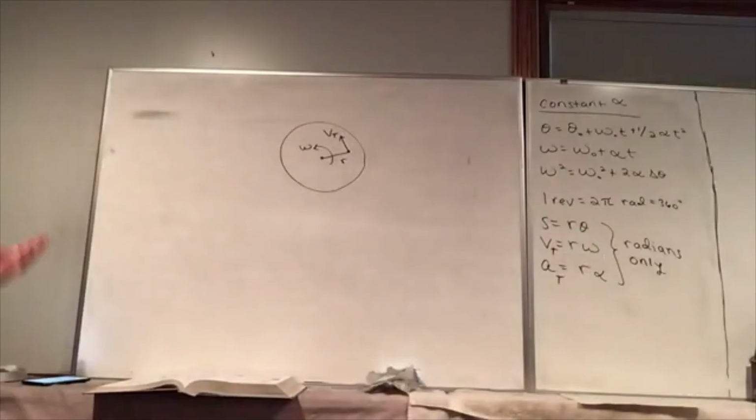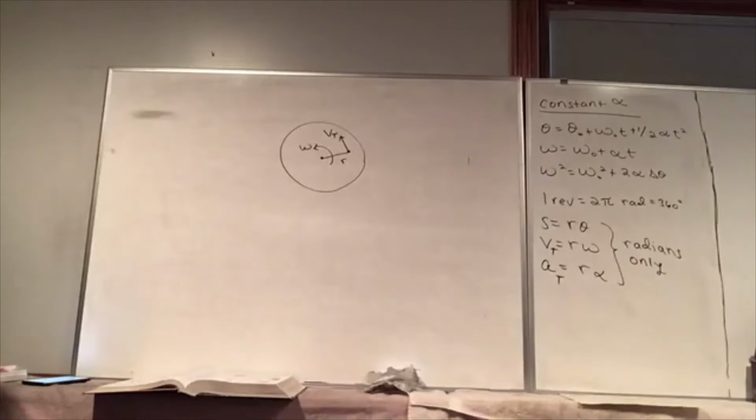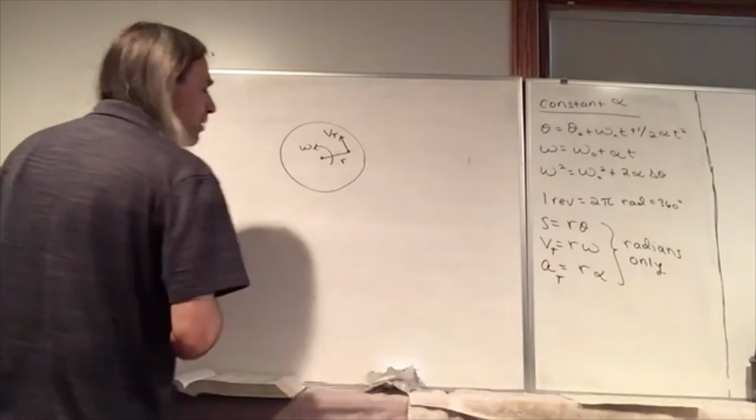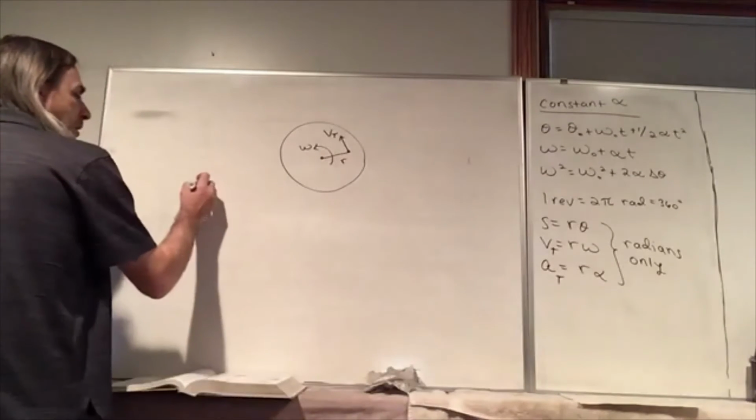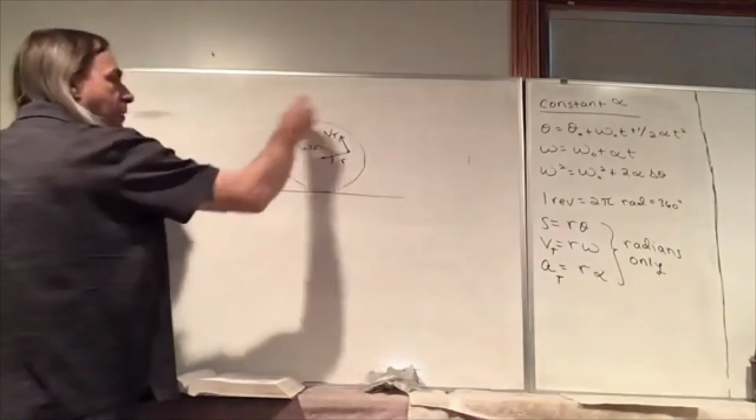So this relation between the linear, the tangential values and the angular values is very important. In particular, if we're looking at a rolling disk. So I'd say this is a rolling disk. So it'd be moving this way.